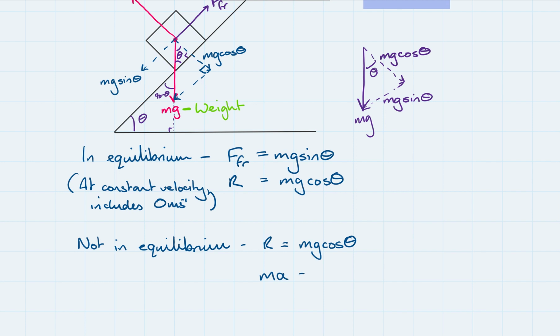So let's make that direction positive. And let's say mg sine theta minus the frictional force would give me the mass times the acceleration. So that would be what we can call F net, the resultant force, or the net force, the sum of all the forces acting in that direction.